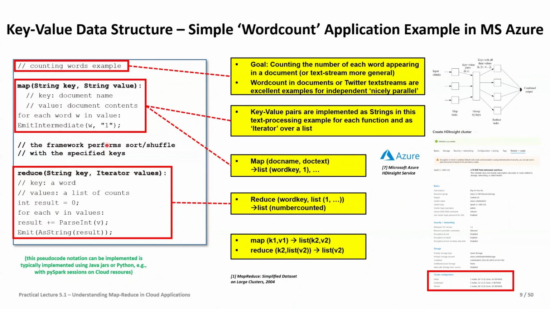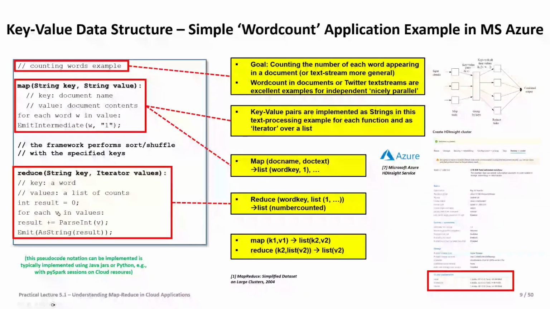Quickly thinking about the magic that I was saying to you, grouping, sorting, and shuffling around keys is happening by the framework. So you are just responsible to work on the keys, and you get a list or iterator through all the values that have been sorted or shuffled, because it was distributed through different map tasks, then coming back to one line, and then it's up to you what you want to do with it.